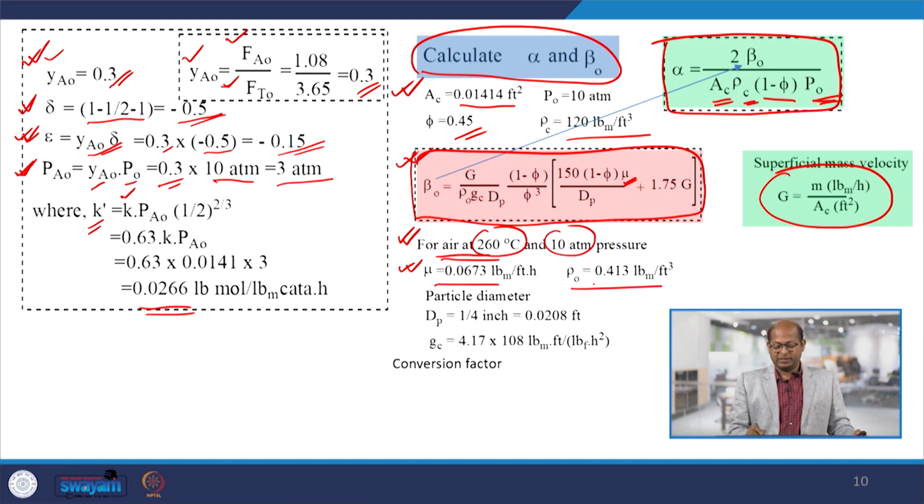Rho 0, the density of air, is given, and d p is the particle diameter.